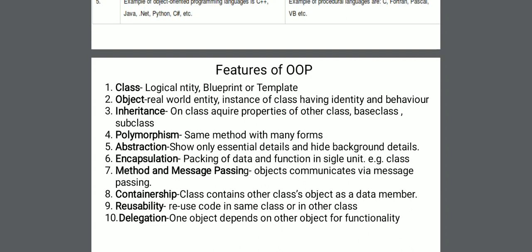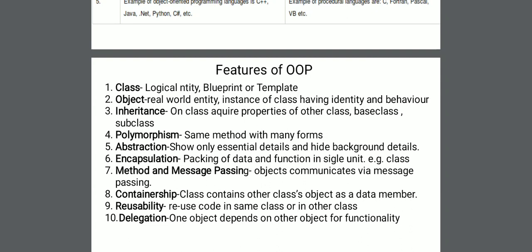The next feature is object. So what is the object? Object is a real world entity. Why is it called a real world entity? Because you can access the data members of a class by using a particular medium, and that medium is nothing but object. It actually operates the data members and functions of a class.